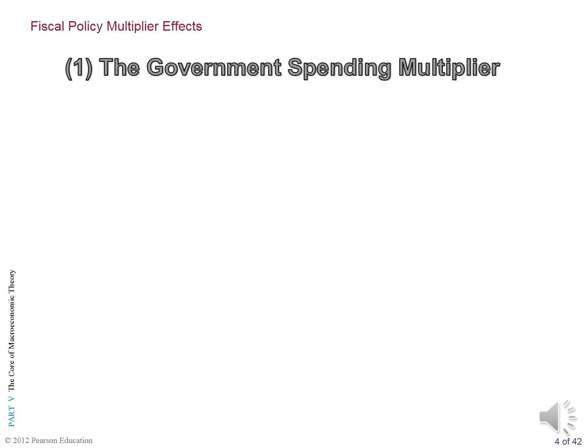The first multiplier, which is the most important one, is the government spending multiplier, the G multiplier.